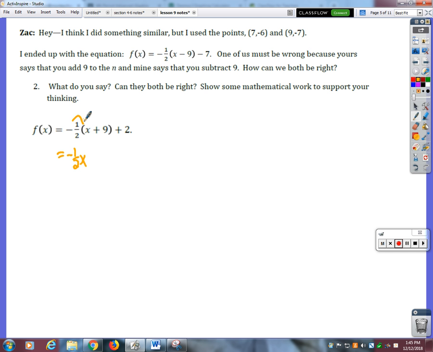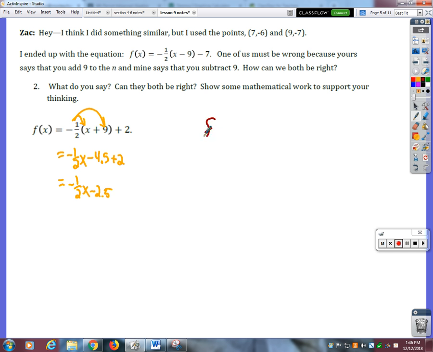What is negative 1/2 times 9? Negative 4.5, and then we still have the plus 2, so that works out to be negative 1/2 x. What do you get when you add these together? Negative 2.5, okay?